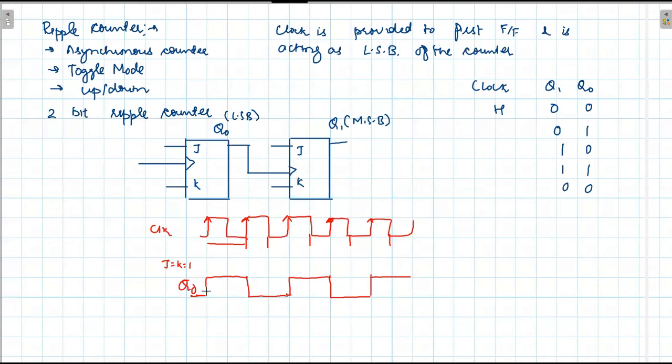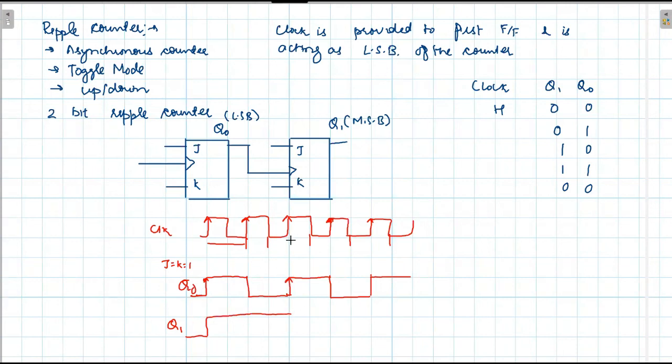Now Q naught is actually acting as the clock to this. So how Q1 is going to behave, that's important. Initially let's assume that Q1 is also 0. When Q naught is there, JK is high, so it gives triggering to this, and your Q1 becomes 1. So now this is triggering, this is triggering. In between there is no change, so it will be going like this.